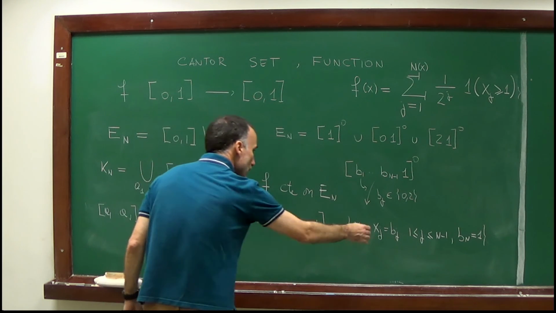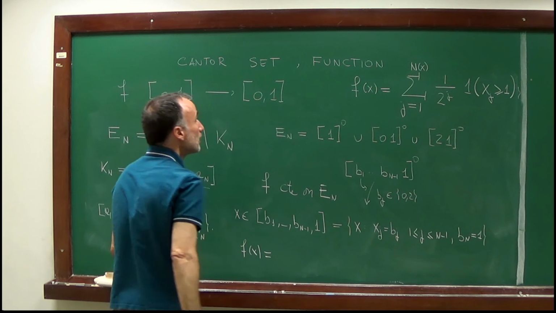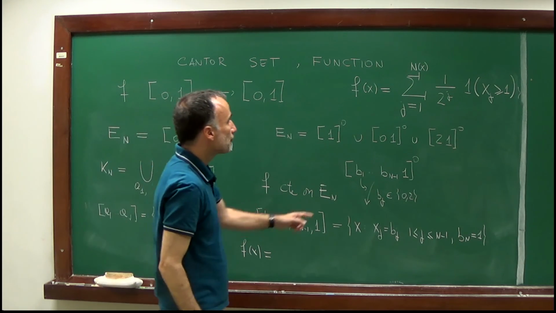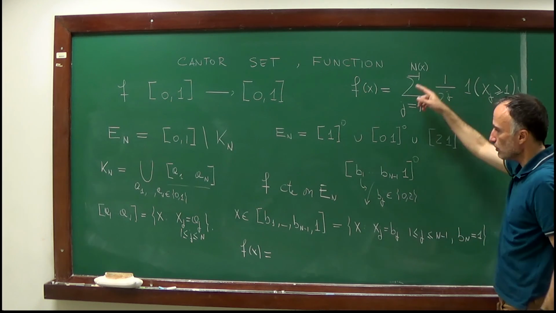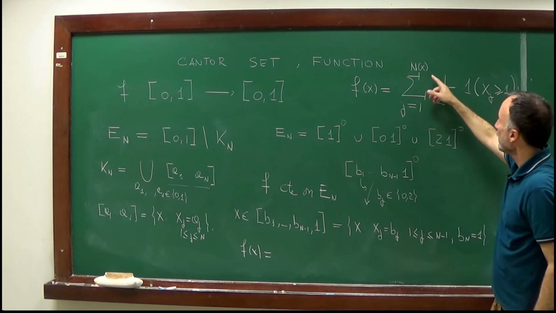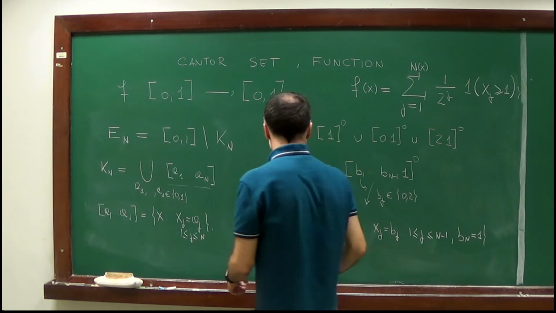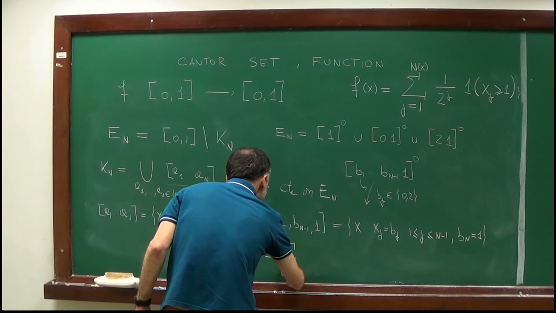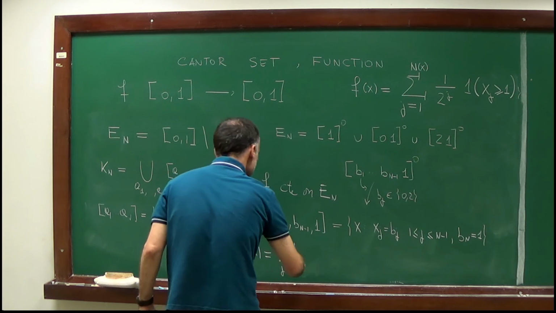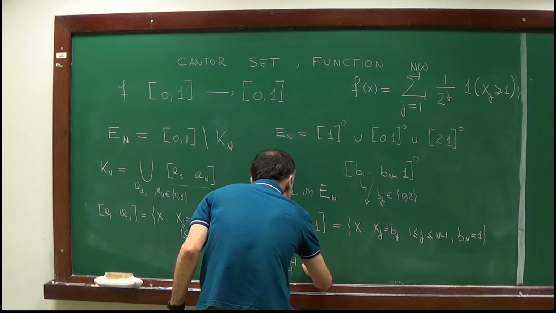So if you take a point in this set, well, N(x) is equal to n, so that f(x) will be equal to the sum from 1 up to n minus 1 of 1 over 2^j.